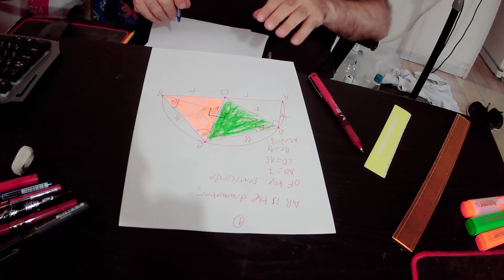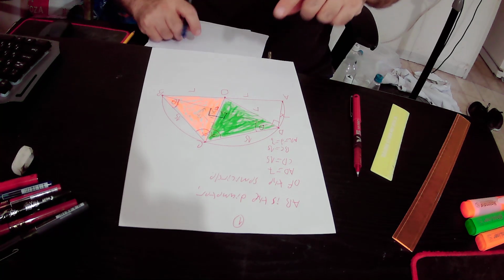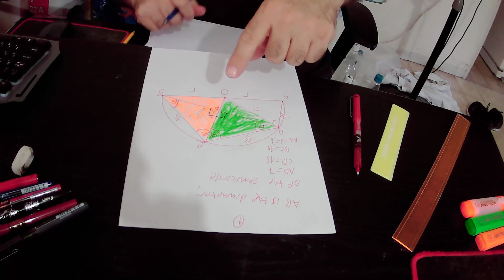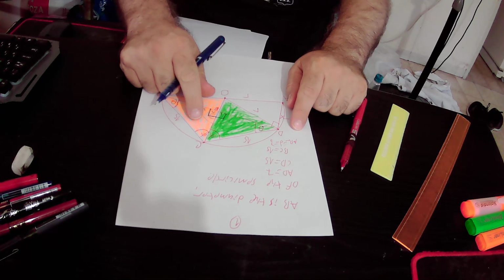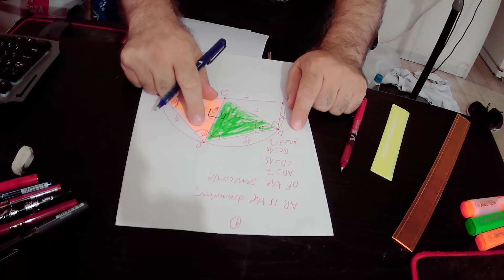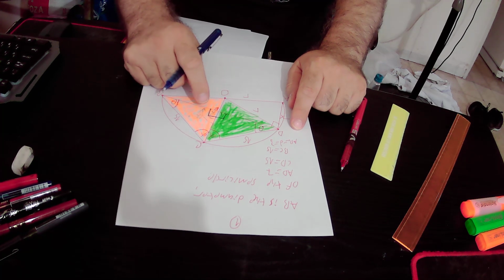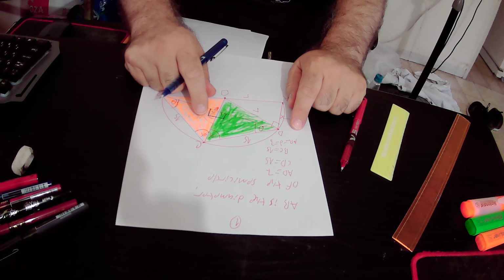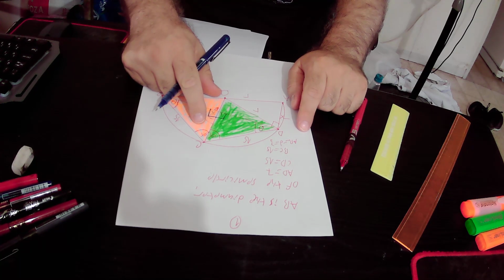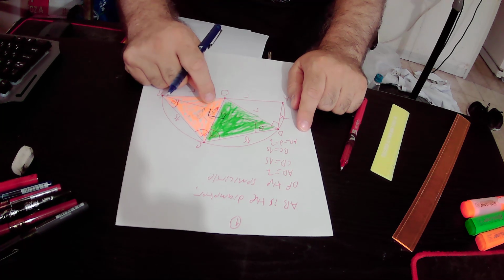And again, we will focus on the left side of the straight line OC. At point E, the sum of the angles is 180 degrees.